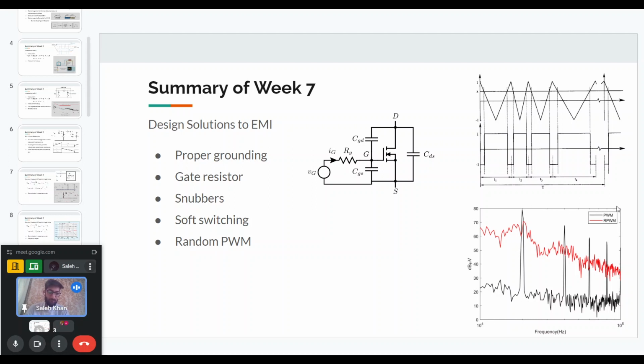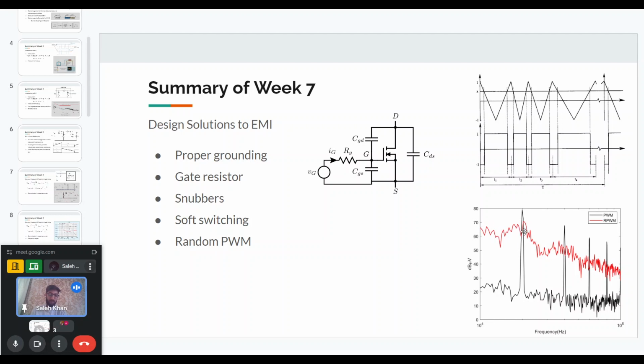For example, here we have the spectrum of normal PWM and random PWM operation. In normal PWM, we have high noise at particular frequencies, and these are the switching frequency and its multiples. If these are crossing our limits and we want to reduce these peaks, one way is to have random PWM, where we have different switching frequencies, and the noise will be spread across all of these frequencies.